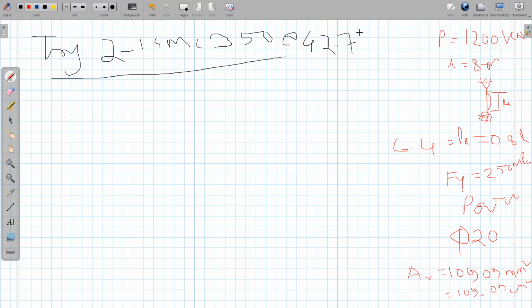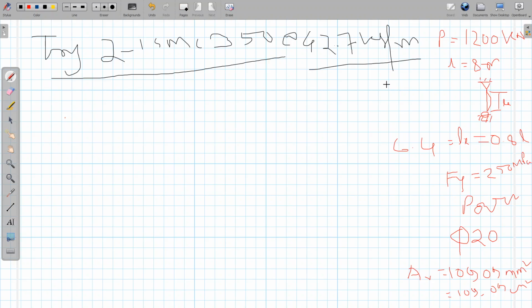I'm sorry, kg per meter, not area. It is given in terms of length. So 42.7 kg per meter. This is the weight available.